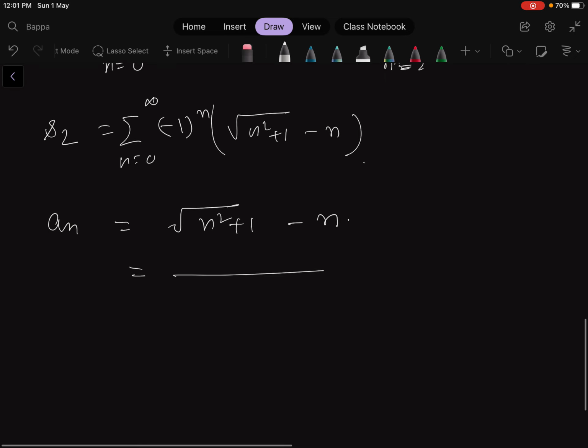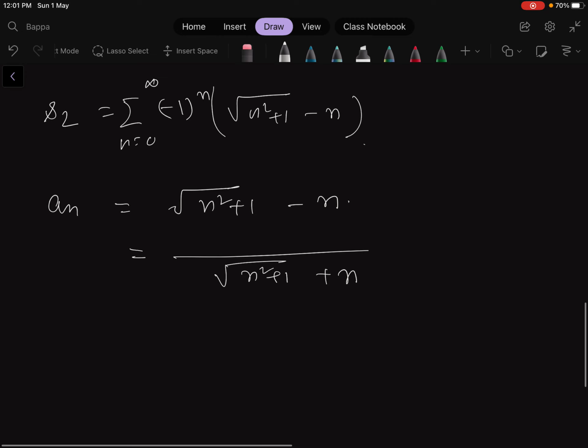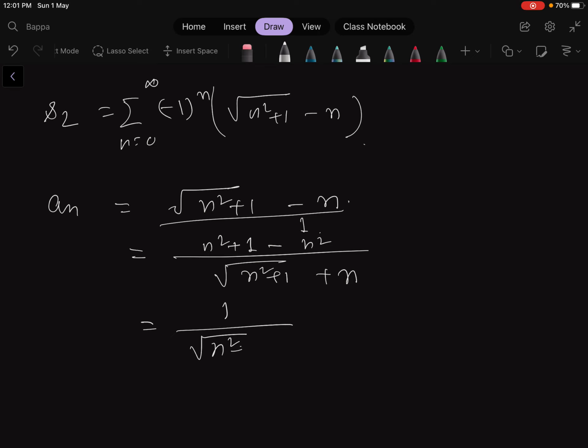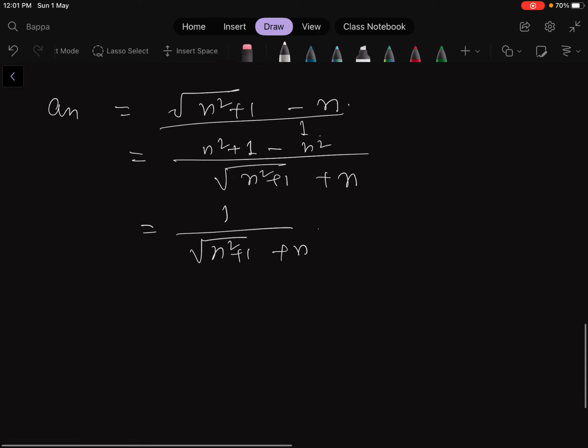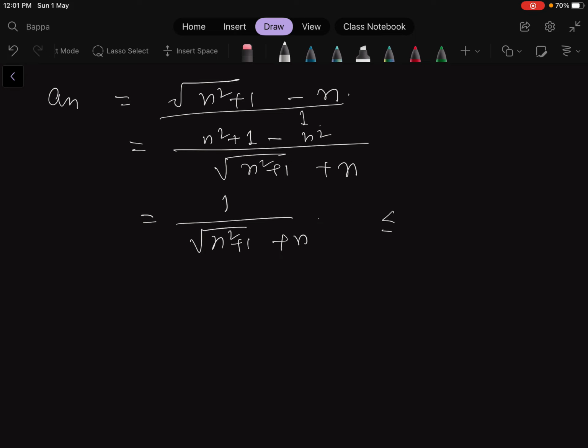So this is also equal to, multiplying both numerator and denominator by root over of n square plus 1 plus n, a square minus b square on the numerator, so 1 by root over of n square plus 1 plus n. Now this you can check decreases to 0.